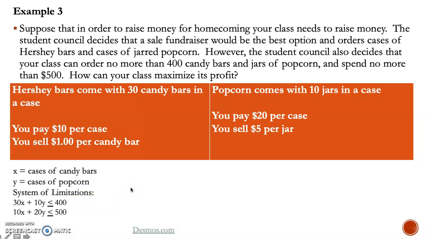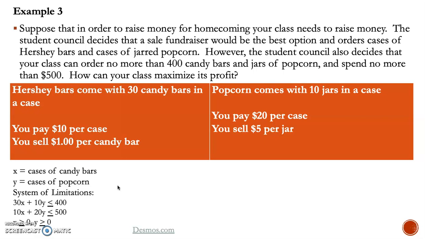For a second limitation, it's 10x, because our cases of Hershey bars cost $10, plus 20y, because our cases of popcorn cost $20, needs to be less than or equal to 500. So that's our money limitation.